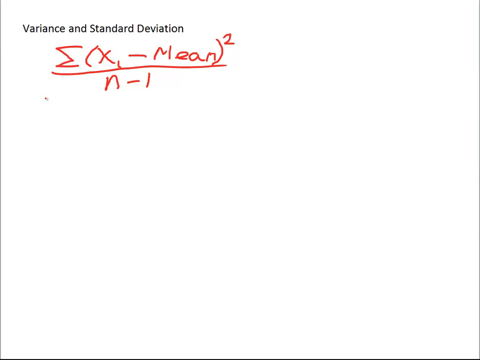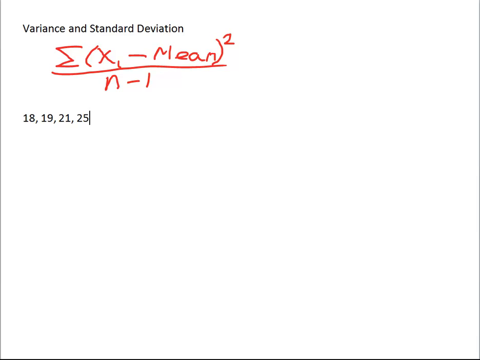So now, just to make it a little bit easier to see, I'm going to type it in. Actually, let's say we have 4 people, and one person in our class is 18, another is 19, another is 21, and another is 25.